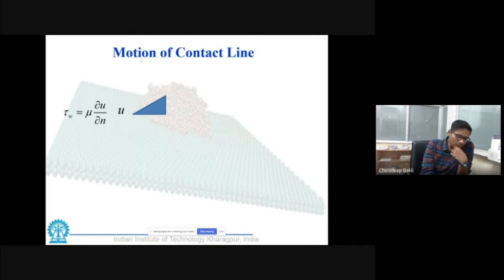So at this point, we question: what is the validity of the no-slip boundary condition? It is very simple. The person who did the Navier-Stokes equation, the momentum balance equation, Navier himself, postulated something. See, Navier was a mathematician. For a mathematician, physics doesn't matter.